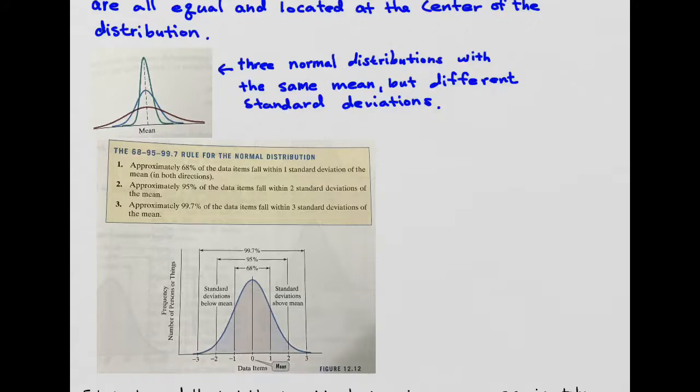We need to know a little bit about the rules of the normal distribution. Approximately 68% of the data falls within 1 standard deviation of the mean, approximately 95% of the data items fall within 2 standard deviations of the mean, and approximately 99.7% of the data items fall within 3 standard deviations of the mean.